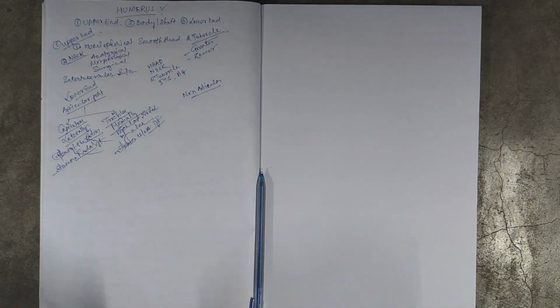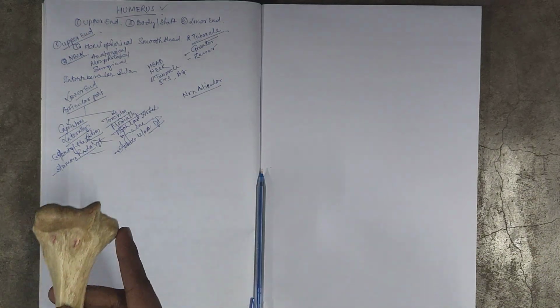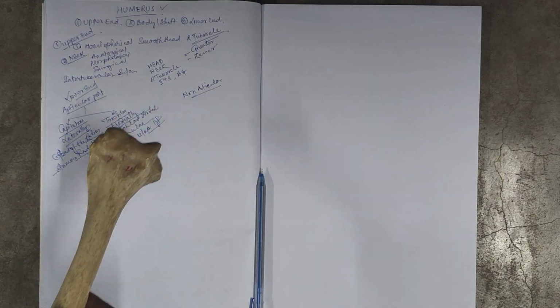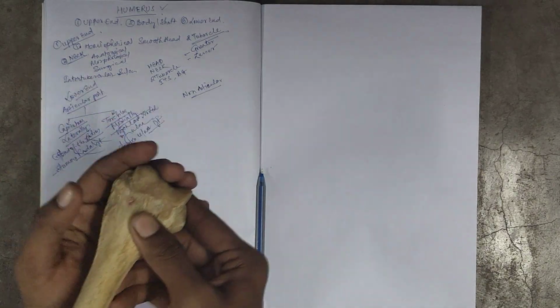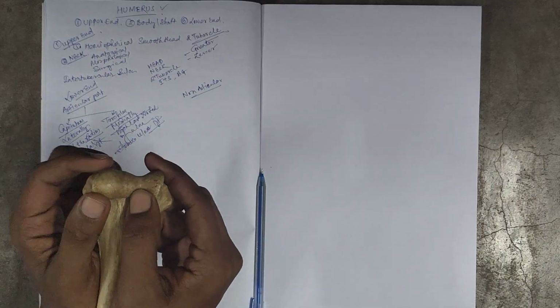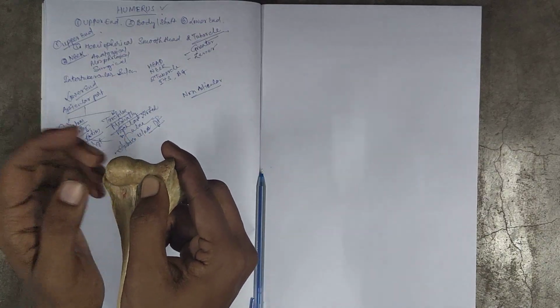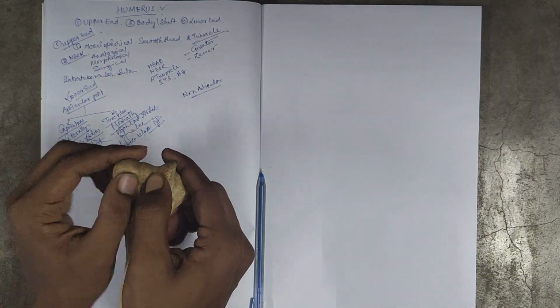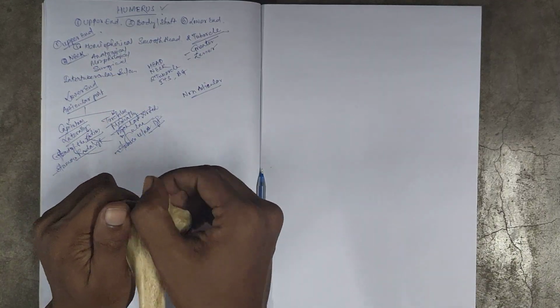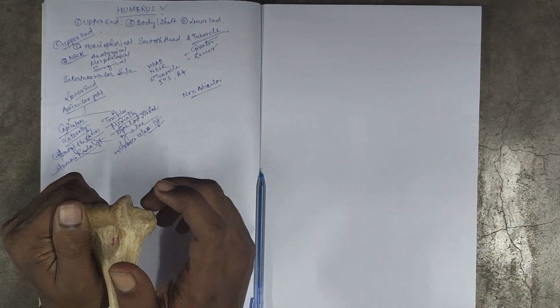So if we see the capitulum and the trochlea, this is a left sided bone, and we will discuss how side determination occurs. Then you can see that there is capitulum and trochlea. Radius is the lateral bone, so capitulum is present laterally and trochlea is present medially.